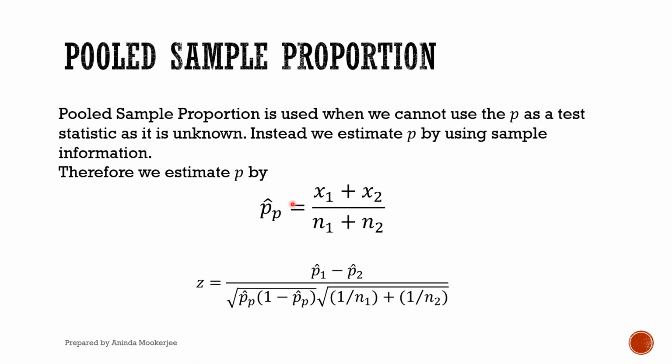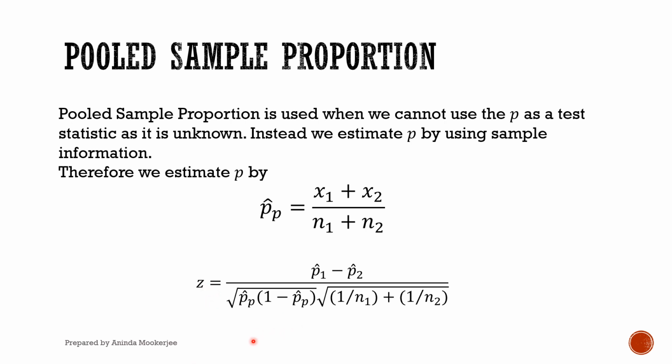And we are going to use that in the denominator of our formula to find our z value. So z is equal to p hat sub 1 minus p hat sub 2 divided by the square root over p hat sub p, that's the pooled proportion. So we have to do this calculation to use in the denominator of the z value.